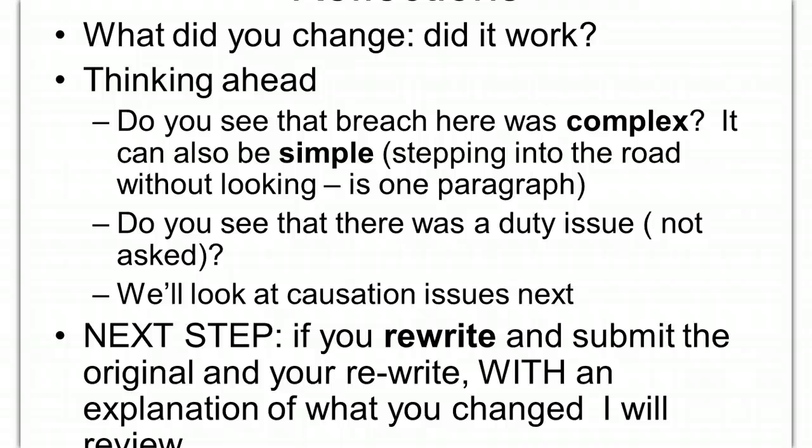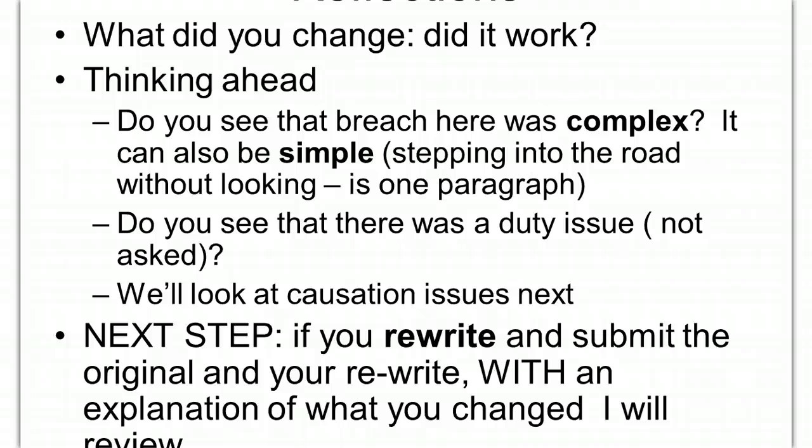My alternative conduct would simply be stop, look, and listen, looking both ways, and that would decrease my risk significantly and eliminate any chance of injury, and the burden would be a simple requirement that I take more precautions before stepping into the road. So don't come away from this exercise concluding that breach is always complex.